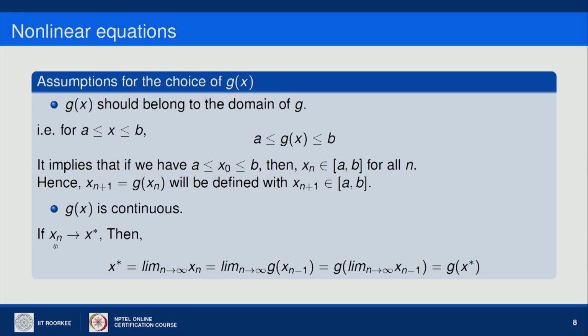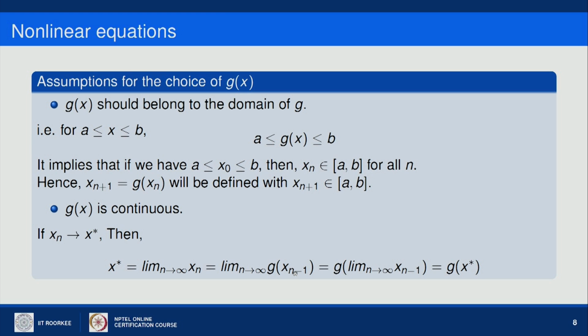That is, if the nth approximation x n tends to x star, then x star can be written as limit n tending to infinity of x n, which equals limit n tending to infinity of g of x n minus 1, since x n equals g of x n minus 1.